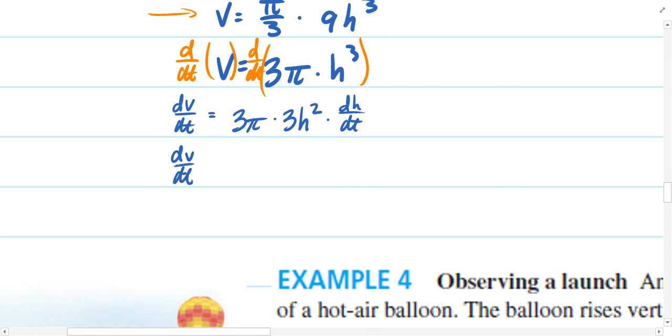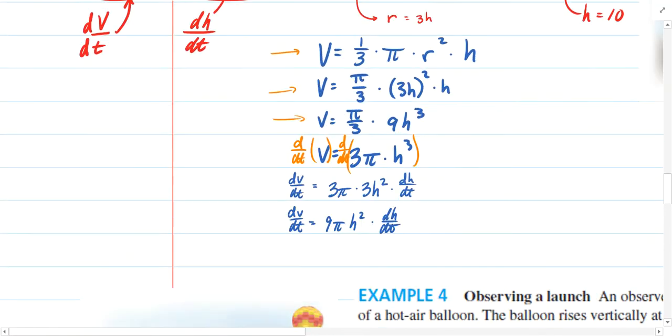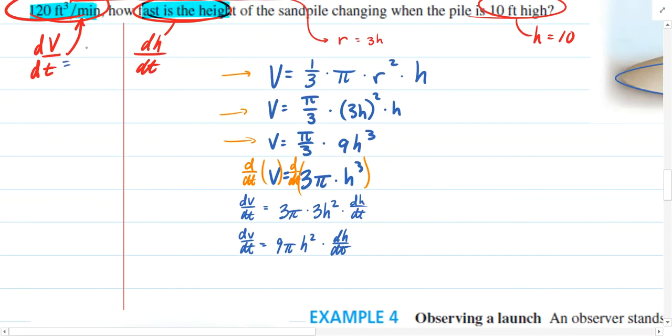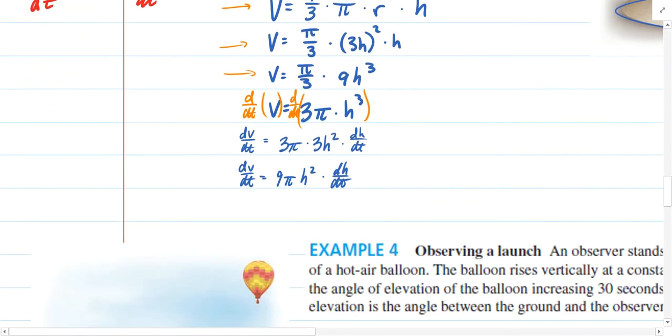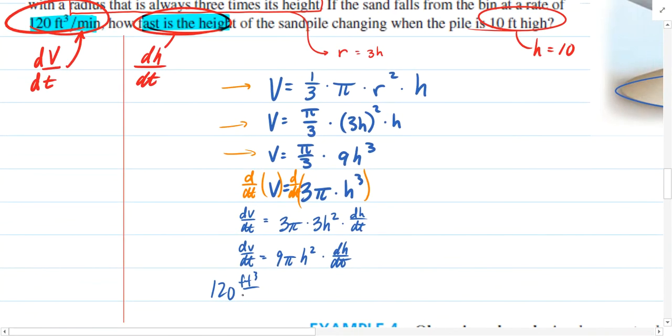So if we clean this up with a little bit of algebra, we have 9 pi h squared times dh/dt. And we were looking for dh/dt. We were supplied with dV/dt. That was 120 cubic feet per minute.